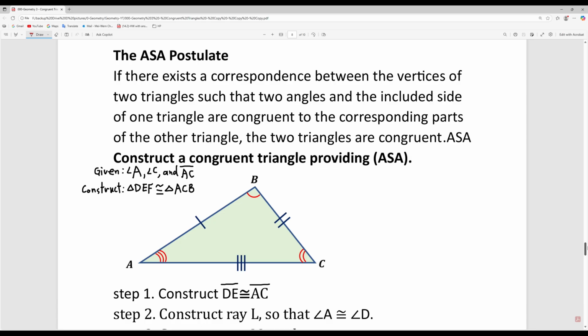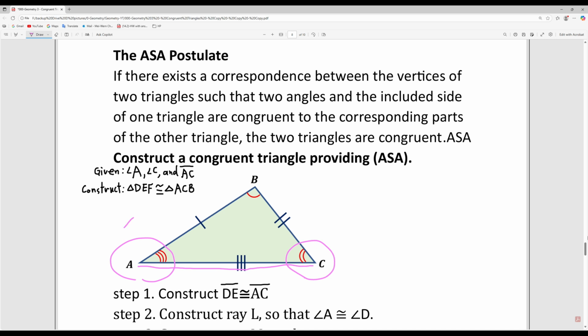We go to ASA. So ASA, if I give you angle A, angle C, and one side in between these two angles, we call this ASA.